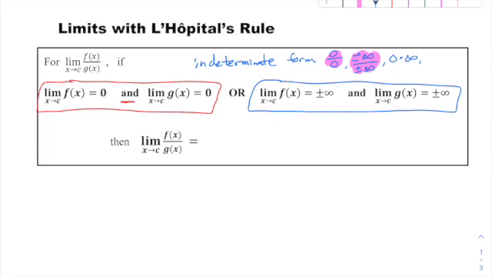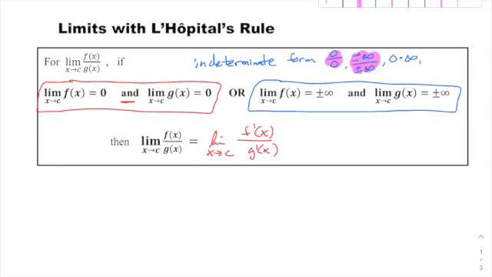And if either one of those is the case, then the limit can be arrived at by taking the limit as x approaches the same number of the ratio of their derivatives, f prime of x over g prime of x. Notice that is saying take the derivative of the top and derivative of the bottom, not the derivative of the fraction with the quotient rule and all that.